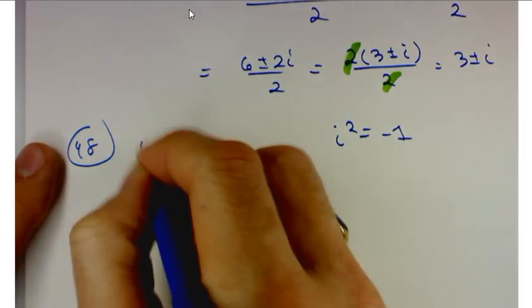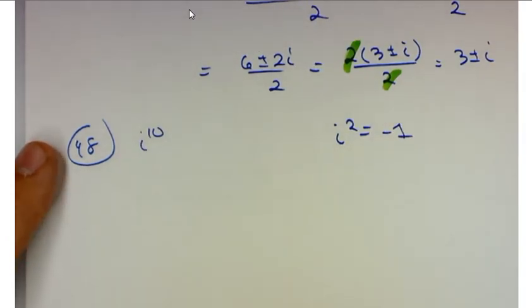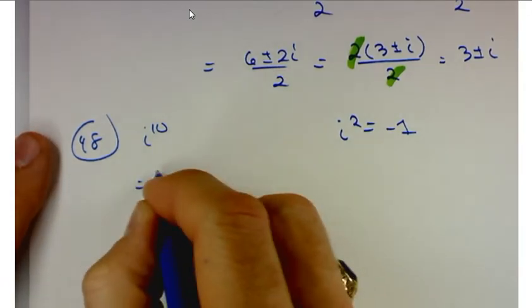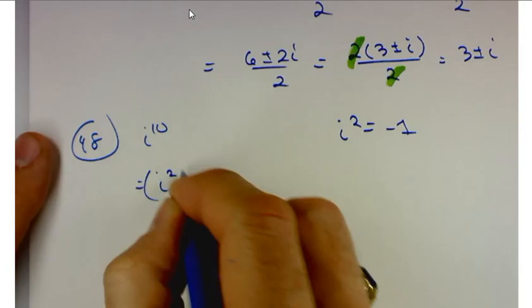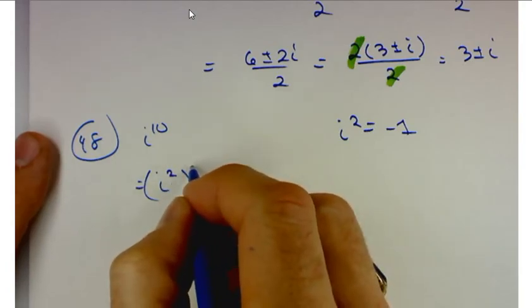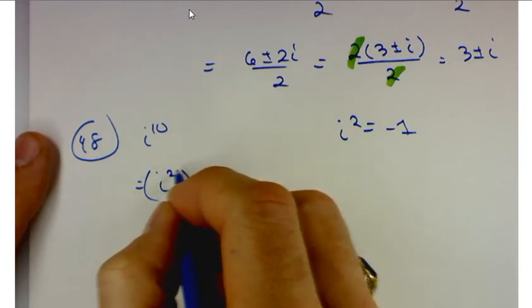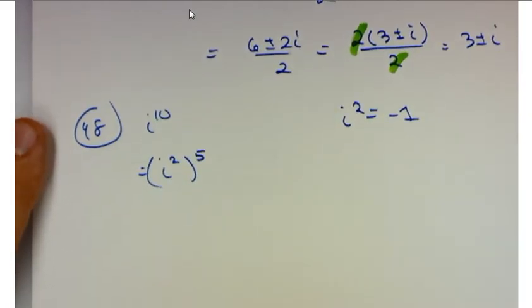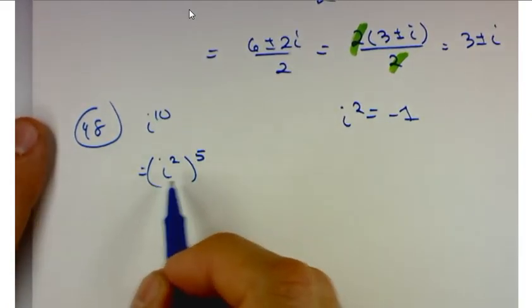So how can I use i squared in simplifying i to the 10th? Well, what if I wrote i to the 10th as i squared to some other power? The 5th power. Now let's simplify what's in the middle here.